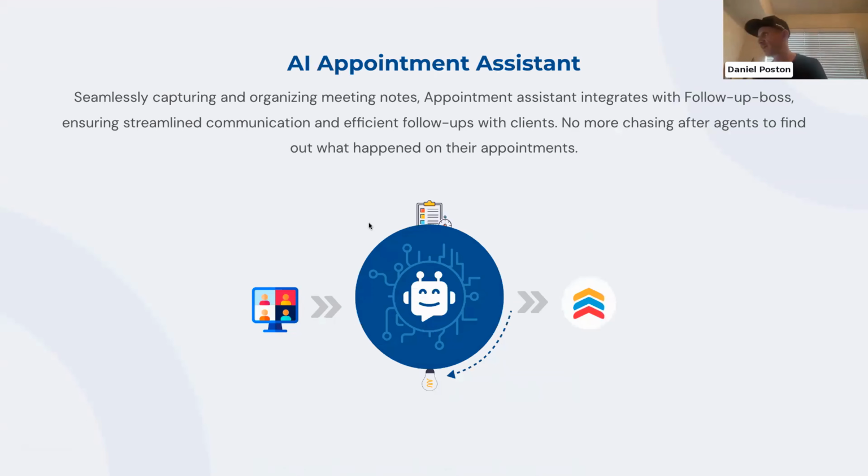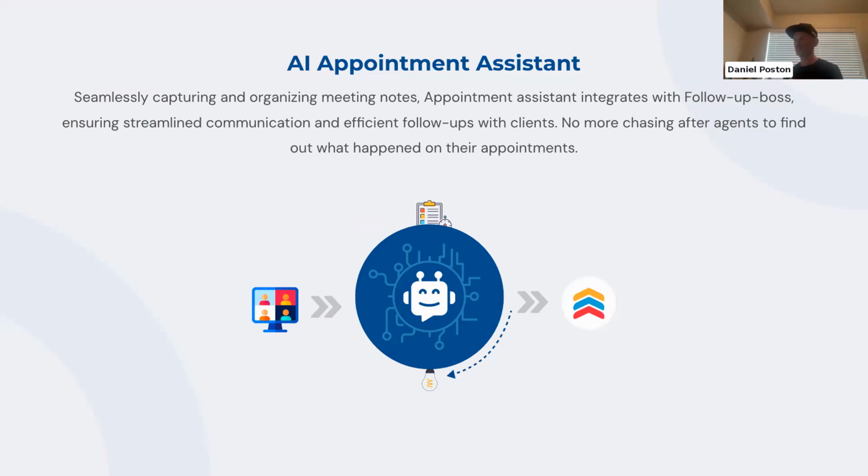And then last, we're in the initial stages of an AI appointment assistant. One of the times where it's really frustrating collecting data from agents is after an appointment, especially if you're an ISA. I used to be an ISA.